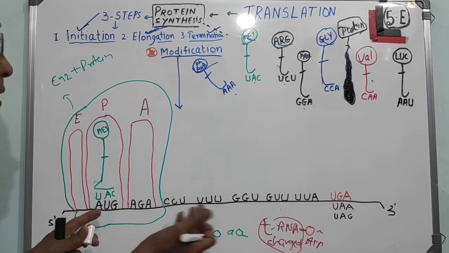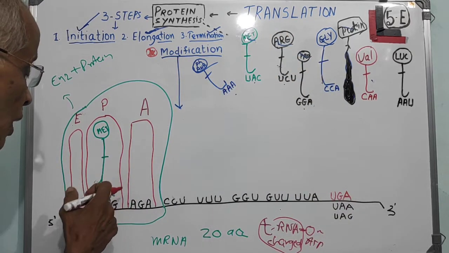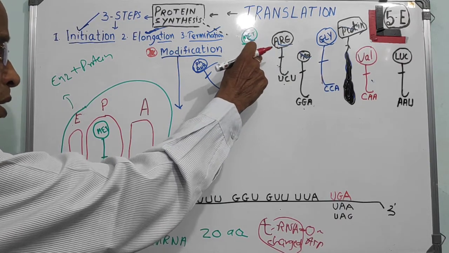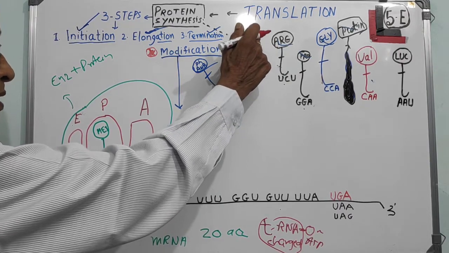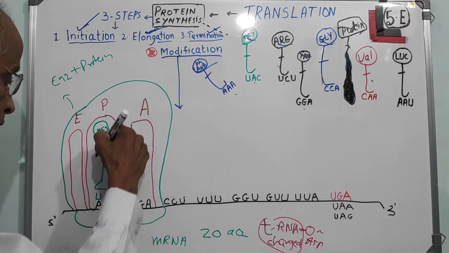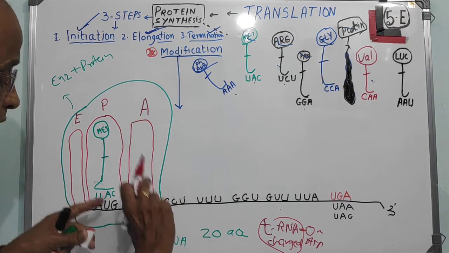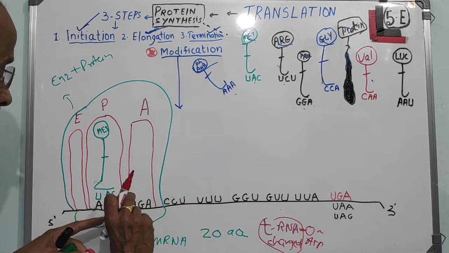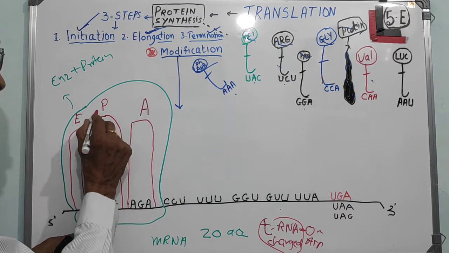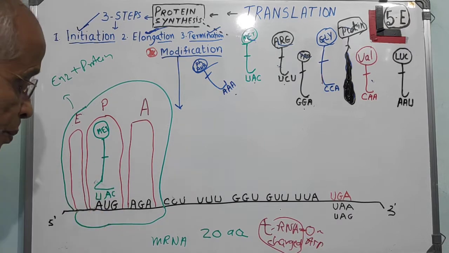Now the process of elongation has already started, because one of the charged tRNA molecules containing the first one, called methionine, has entered into the complex of the ribosome where the polypeptide chain is made. That's why it's called the peptide site. It has come and sat here. That is the first thing.